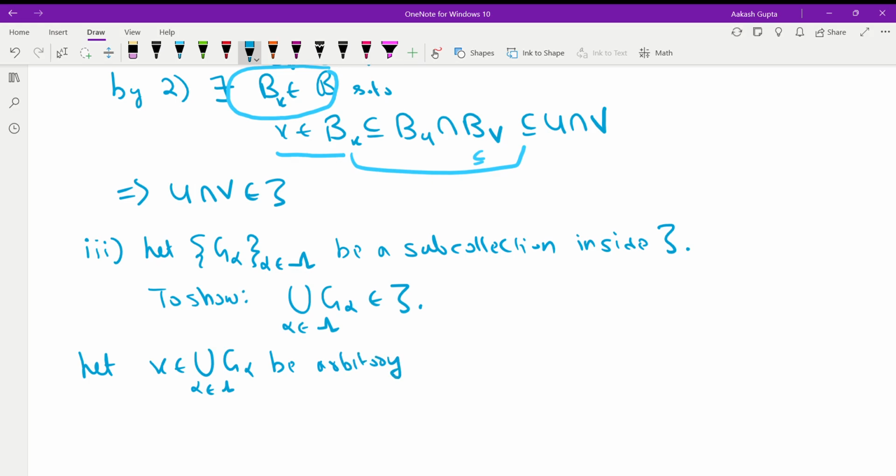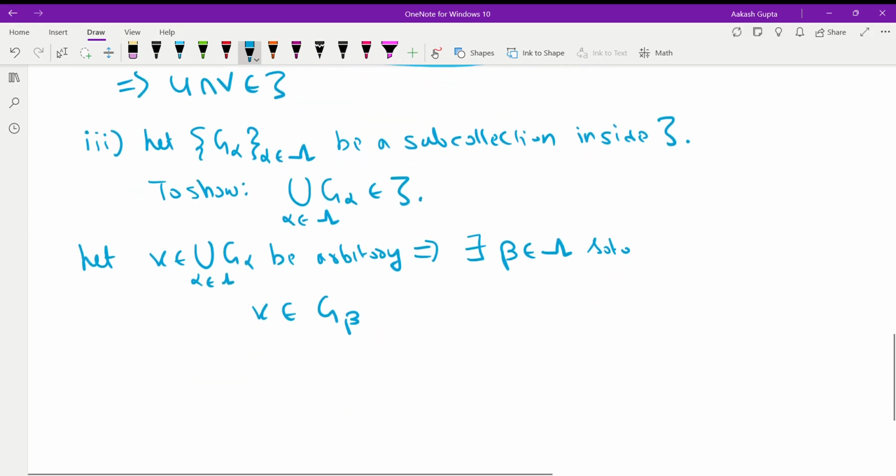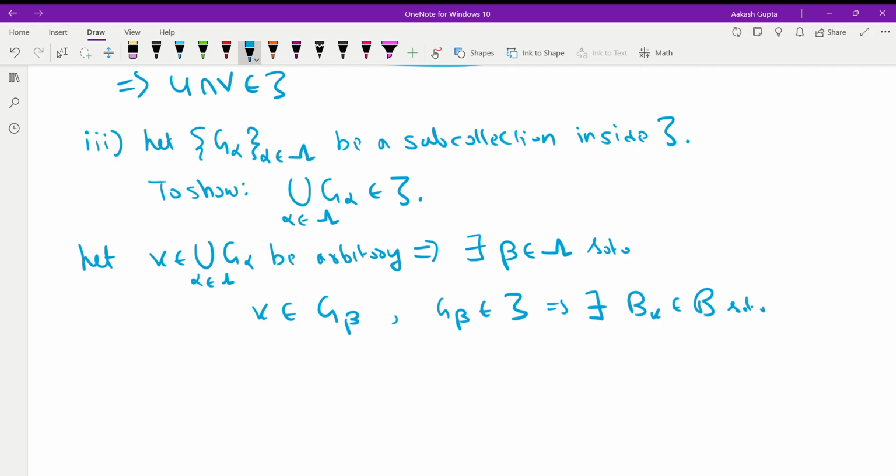Guys, what does this mean? This means there exists a beta in capital lambda such that what happens? I hope you know this is just by the definition of union. We have used it many times. Okay. Now, what is G beta? So G beta belongs to tau. It means there exists a member B suffix X in script B such that X belongs to B suffix X. This is contained in G beta by the definition of tau, right?